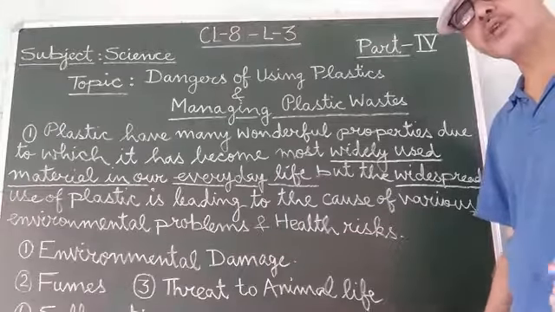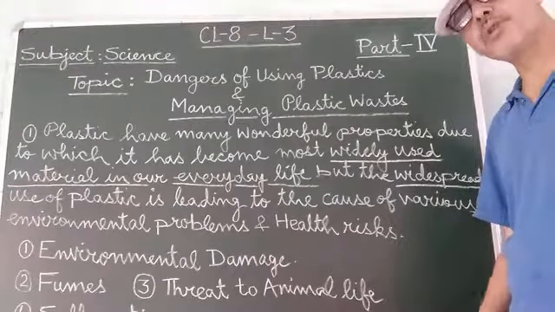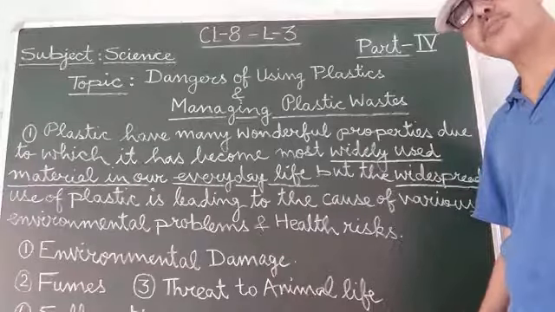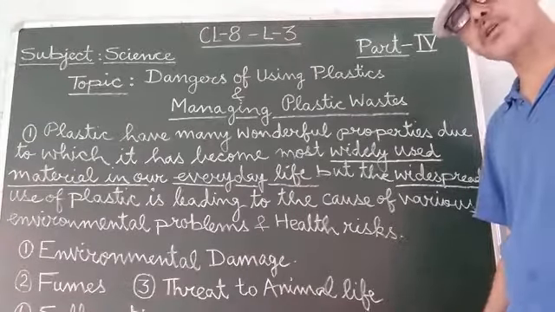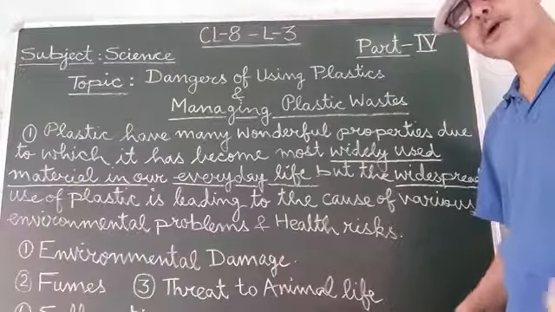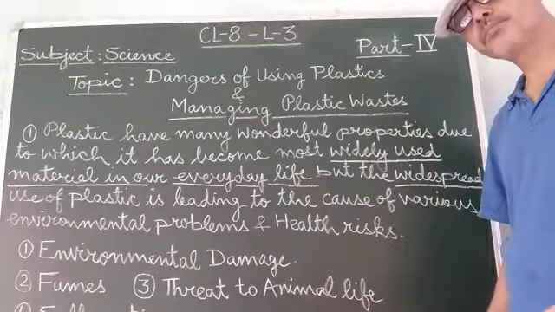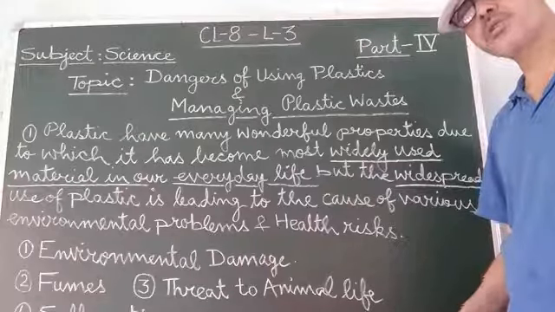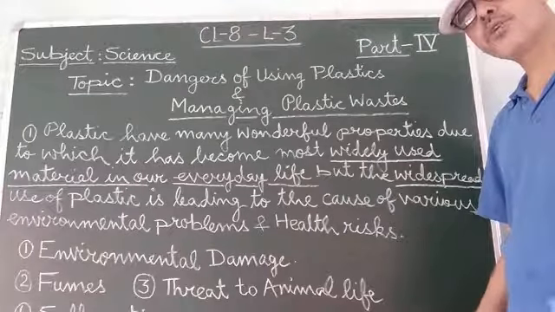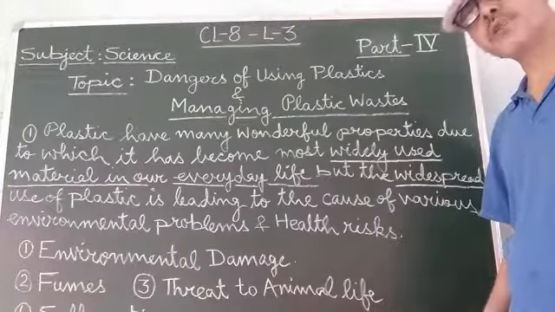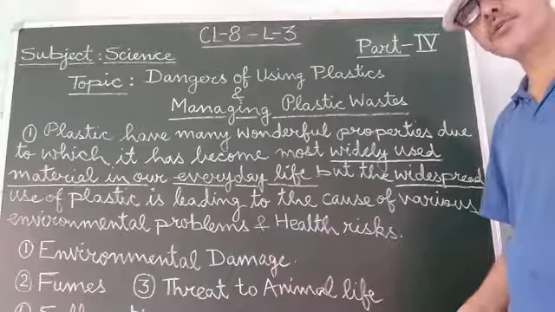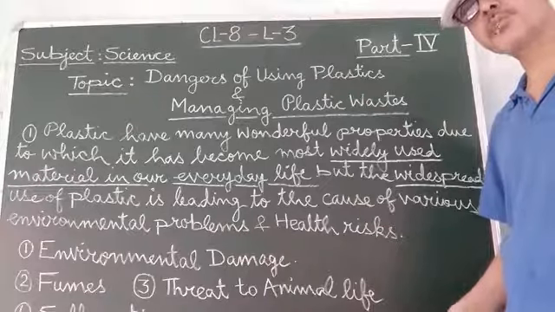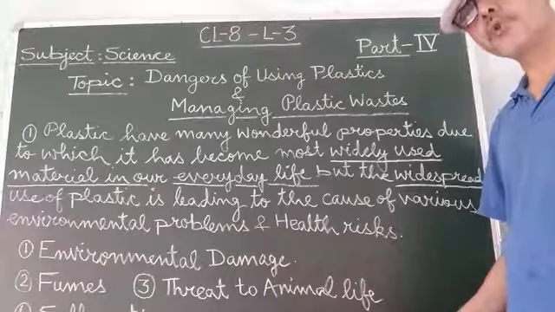Besides this, we use plastic bags or polythene bags for bringing vegetables, fruits and various edible things from the market to our home. And after taking out these useful things, we throw these polythene bags and plastic bags outside, and that becomes a big problem.